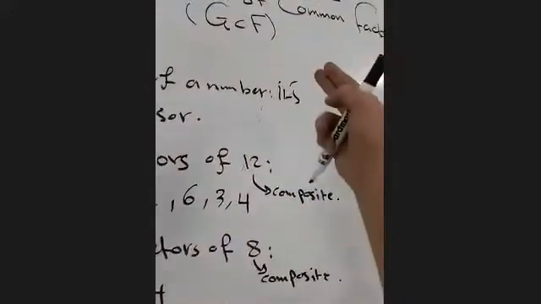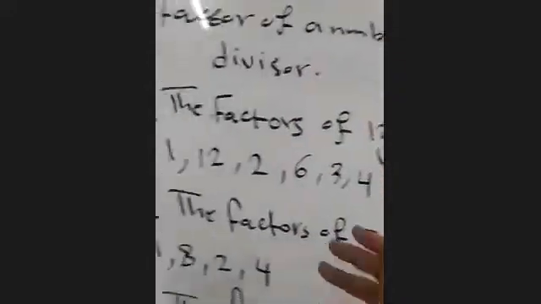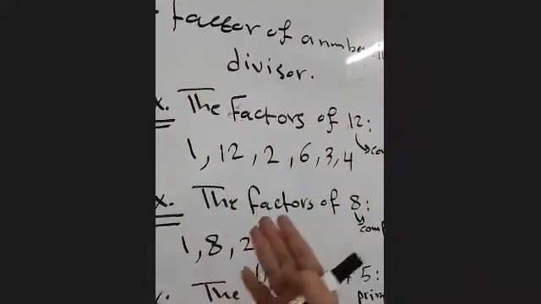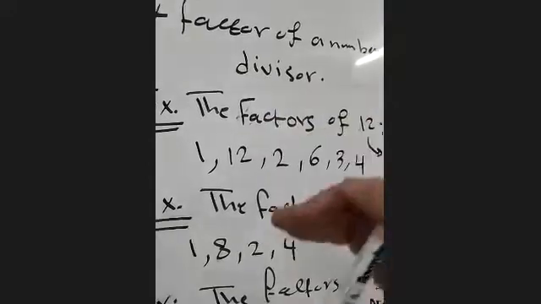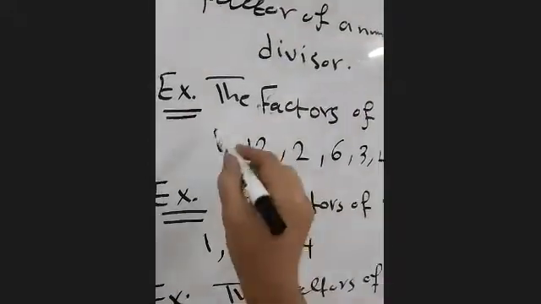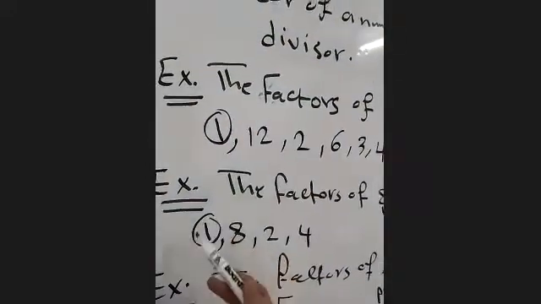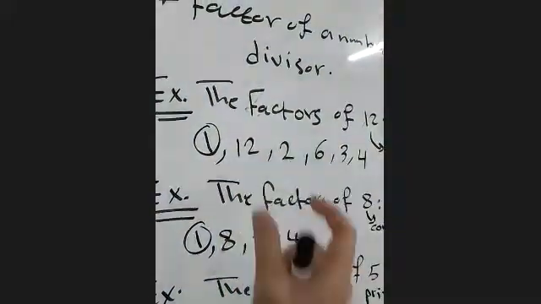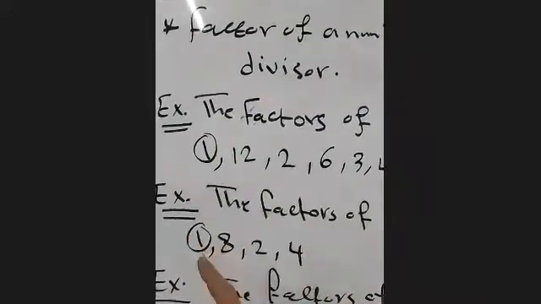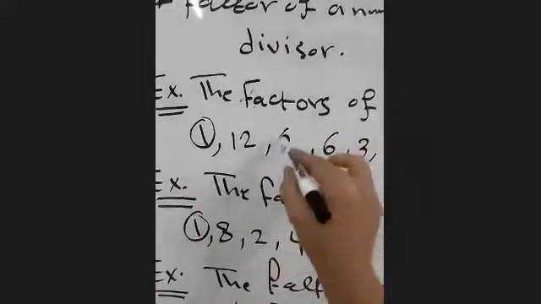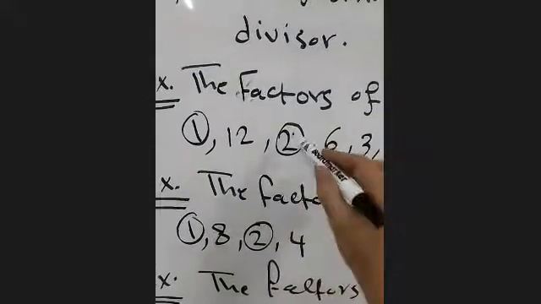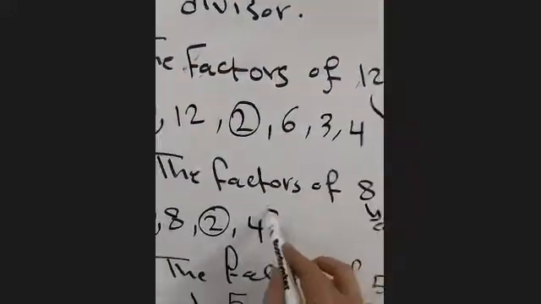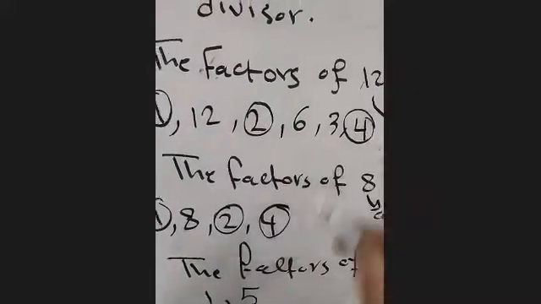The common means if we have two numbers like 8 and 12 here, we have common factors. Common means exist in both numbers together, here and here at the same time. Like 1, it's here and here. 2 and 2, so 2 is a common factor. 4 and 4, so 4 is a common factor.